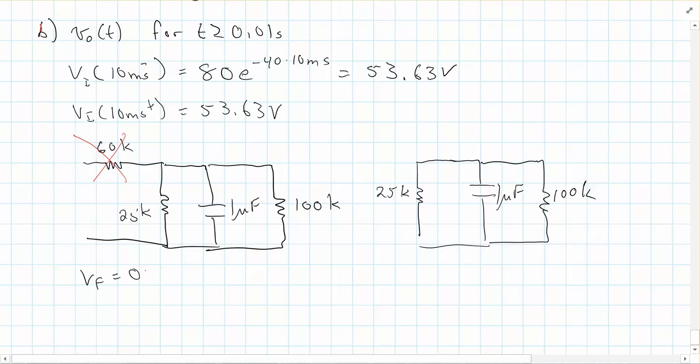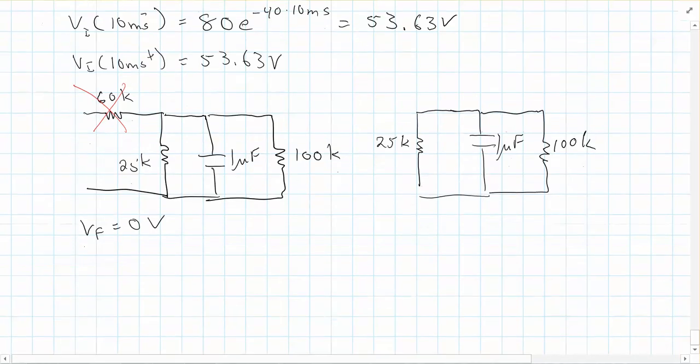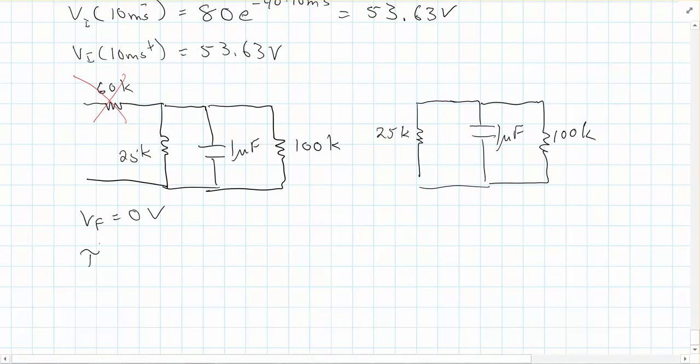V final is still going to be 0 volts. But the difference here is that the time constant is not going to be the same. Because my time constant, remember, tau is equal to R equivalent times C equivalent. In this case, my C equivalent is 1 microfarad because there's just a single capacitor there. But my R equivalent is 25K in parallel with 100K.